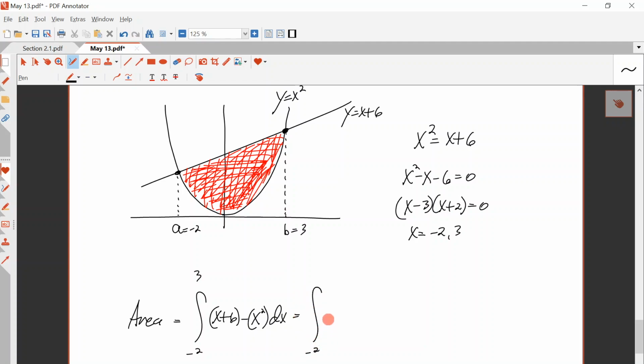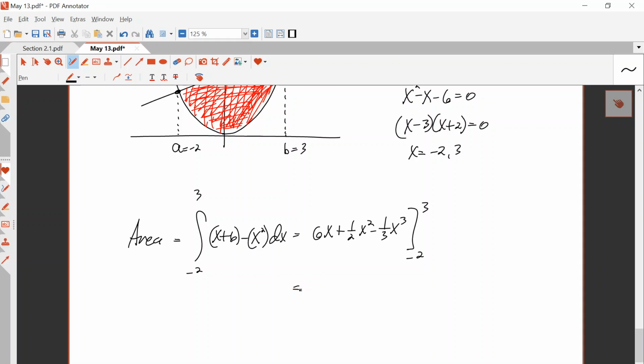So this is the integral from minus 2 to 3, so it's just a polynomial. I'll just do the antiderivative. So 6x plus 1/2 x squared minus 1/3 x to the third, from minus 2 to 3.